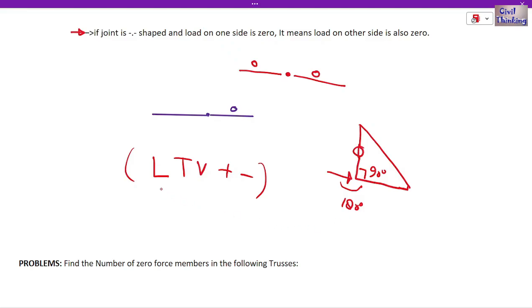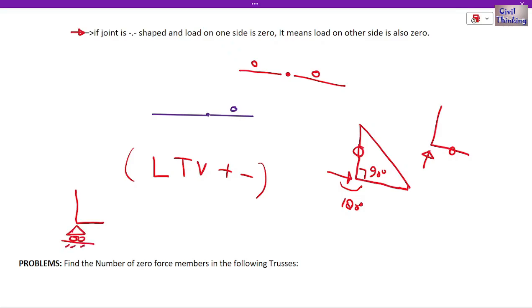So this was about L. When you have a force, you see this is an L shape, right? If you have a force like this, it means this is a zero force member. If you have a support here, a roller support, let me show you.